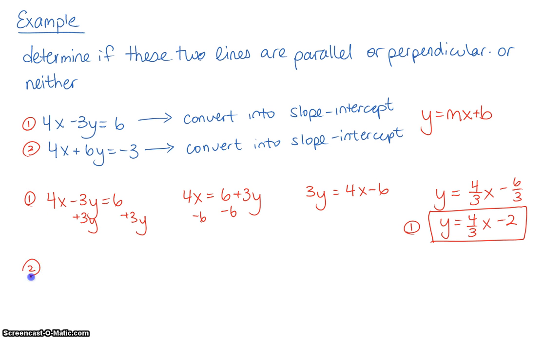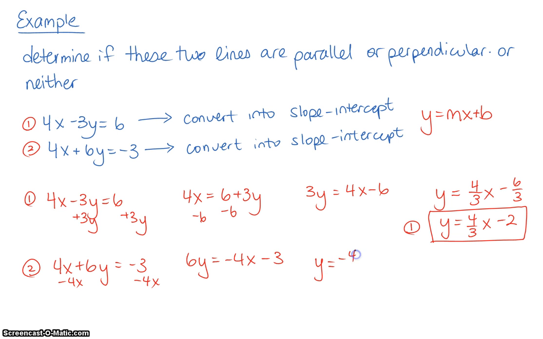My second equation, 4x plus 6y is equal to negative 3. Again, I want to isolate for my y variable. It's positive on this side, so I'm going to minus 4x to both sides. And I'll get 6y is going to equal negative 4x minus 3. I want to get y by itself, so I want to divide by 6 on all sides.